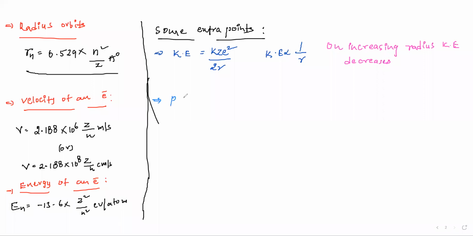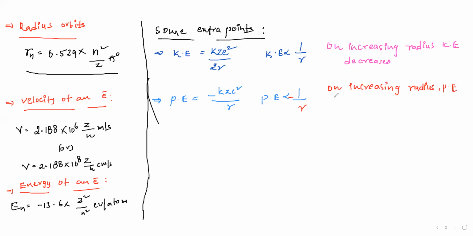Potential energy. The potential energy P is equal to minus K Ze square by R. That means here potential energy is inversely proportional to minus 1 by R. That means on increasing radius, potential energy increases.